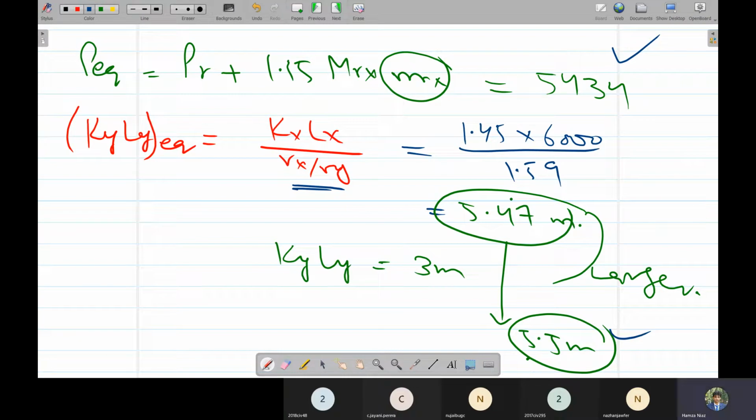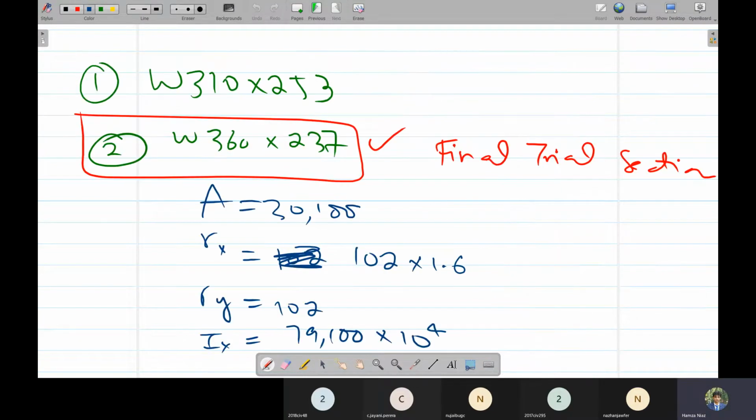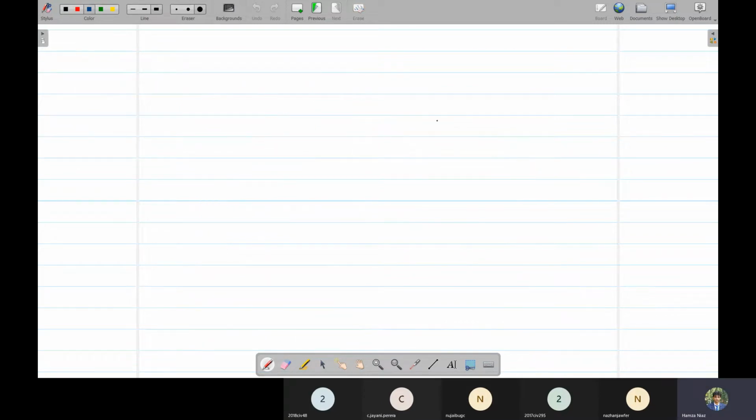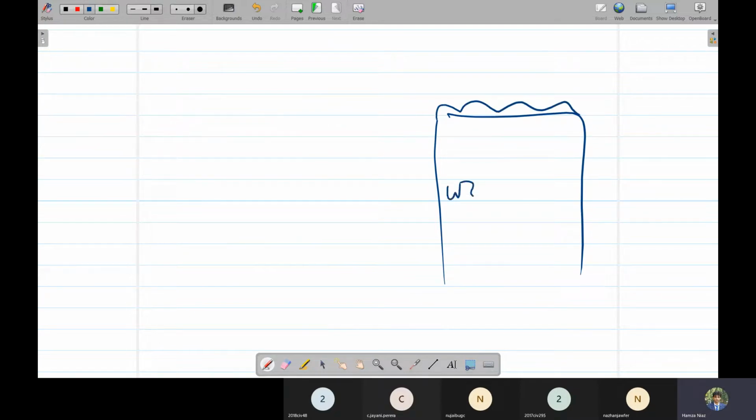And if in the paper the problem is only in the analysis part, we can skip up to this part. This would not be required. For example, in the paper it was given that this is a frame, this is the load applied on this. The section selected was W360 into 137. It was already given.